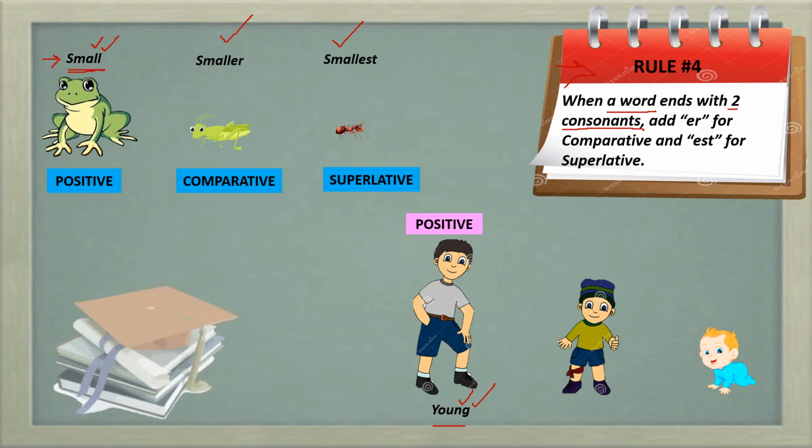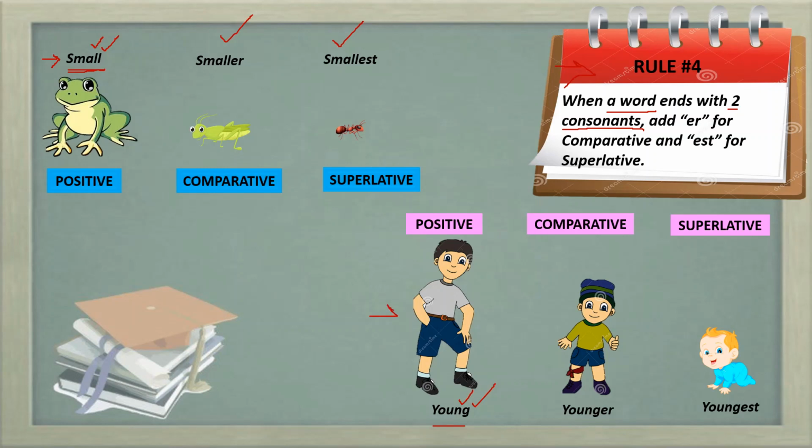So for comparative, we keep the main adjective as it is and simply add ER, so young becomes younger. And for superlative, we add EST, so we have youngest. So, young, younger, and youngest.